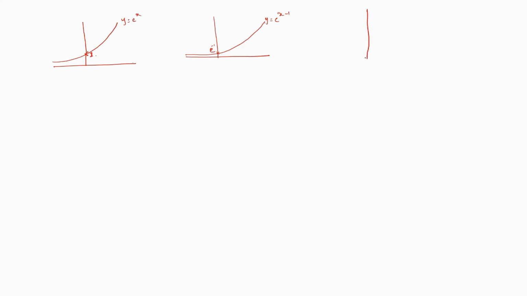How does y equal to minus e power x minus 1 look? Right? So minus e power x minus 1 will just be the mirror image about y equal to 0. So it will be like this. And then you have y equal to 2 minus e power x minus 1.